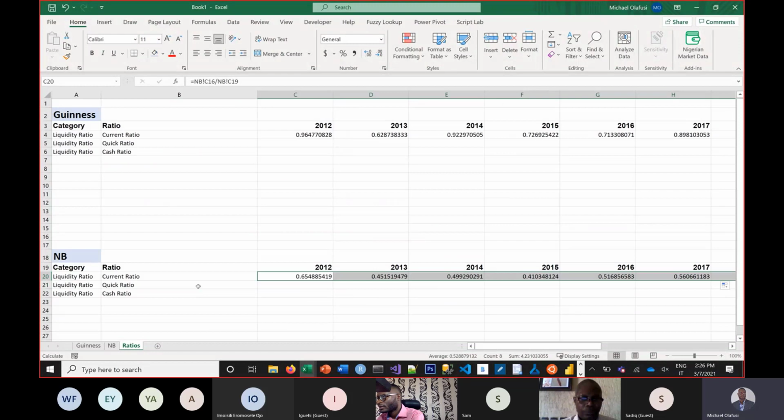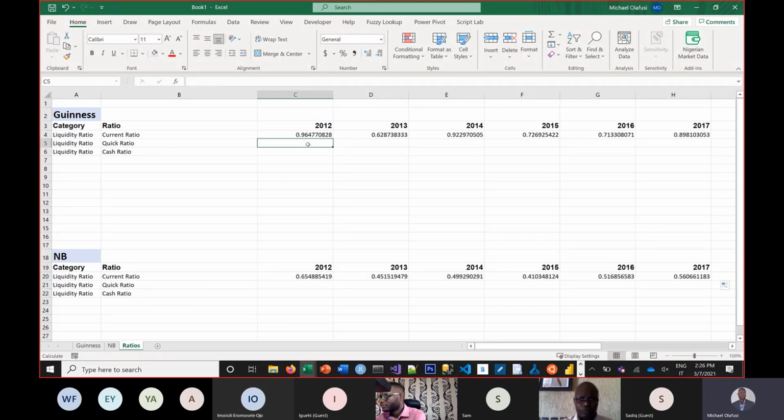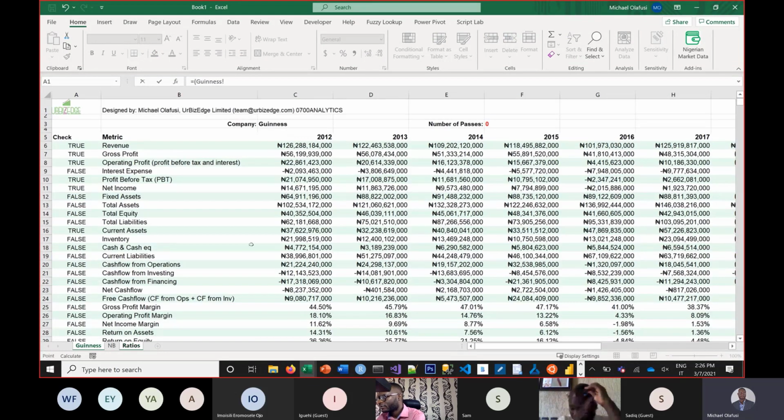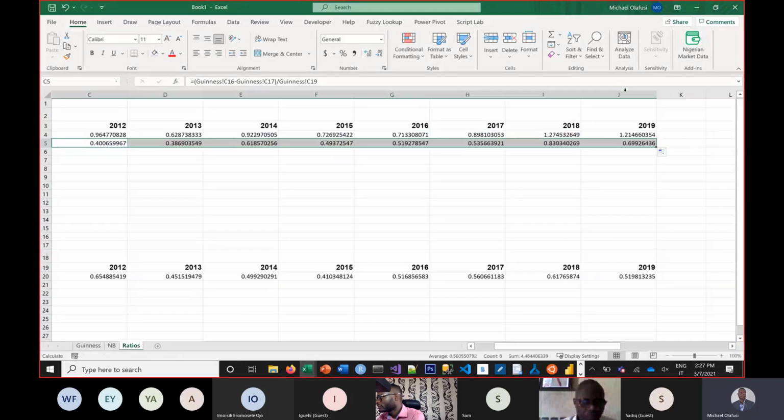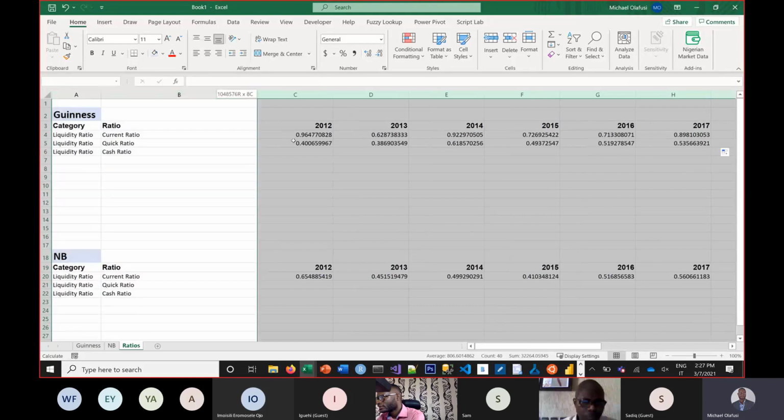Then I go to the next one, quick ratio, which is equal to the current assets minus inventory. I take out the inventory, and then divide the outcome by current liabilities, and drag all the way so that we don't suffer from too much scrolling.